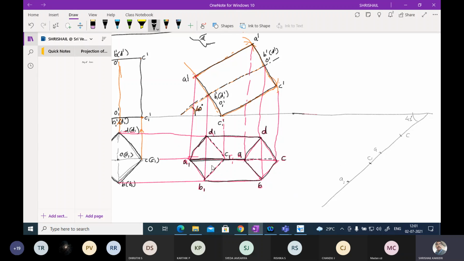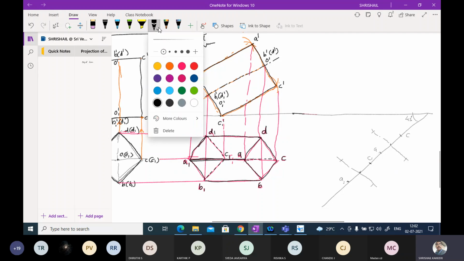Then next, measure this length, mark here, measure this length, mark here, and at 90 degree draw this line. Then from this point, all the markings I am going to do from that point. Then I can join it by a thick line. How?